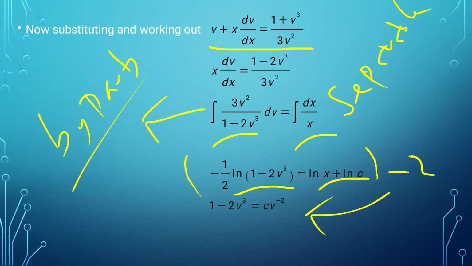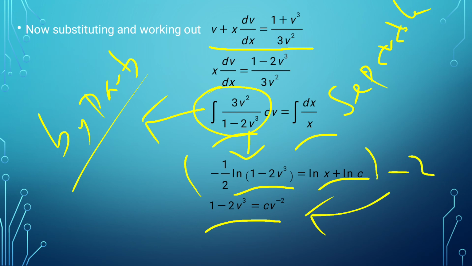Again, if you have some question on this part, or how this one is becoming this, kindly leave a comment and I'll show you how we arrive at that. But if you integrate that one, you are basically going to get that as the solution. And that gives us this, because the logarithms cancel.